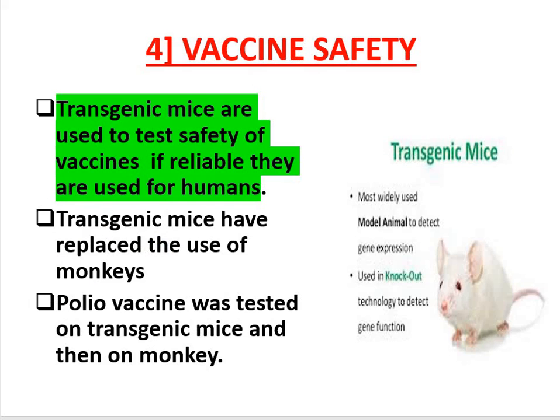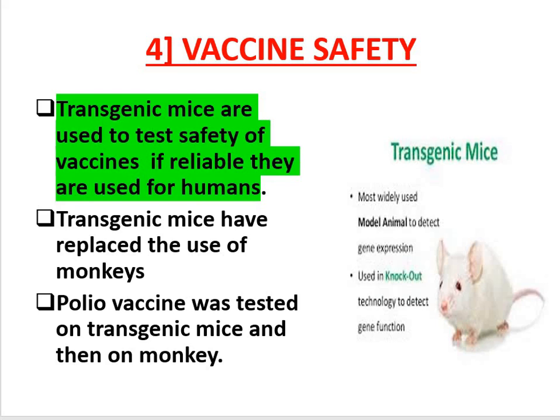Another very important benefit of transgenic animals is in testing vaccine safety. Students, you know the vaccines are meant to provide immunity to humans, but before they are available for all the people, they have to be tested at various levels on animals as well as on humans. Now, transgenic mice are very effectively used in testing vaccine safety.